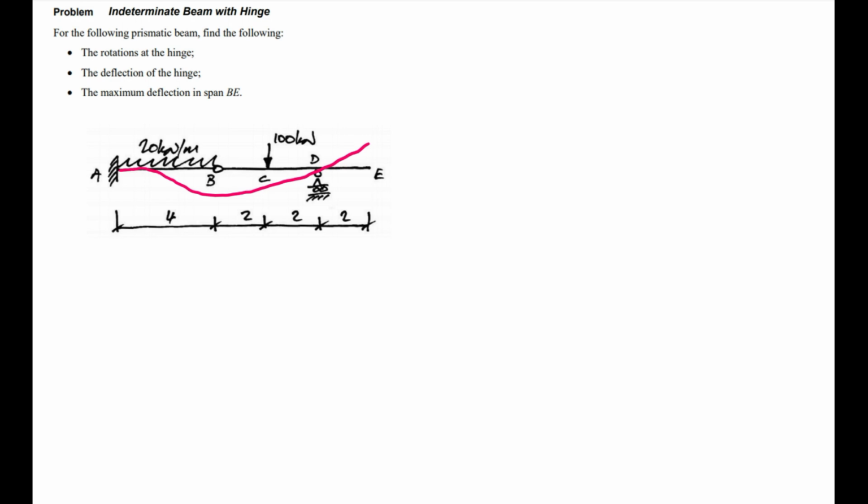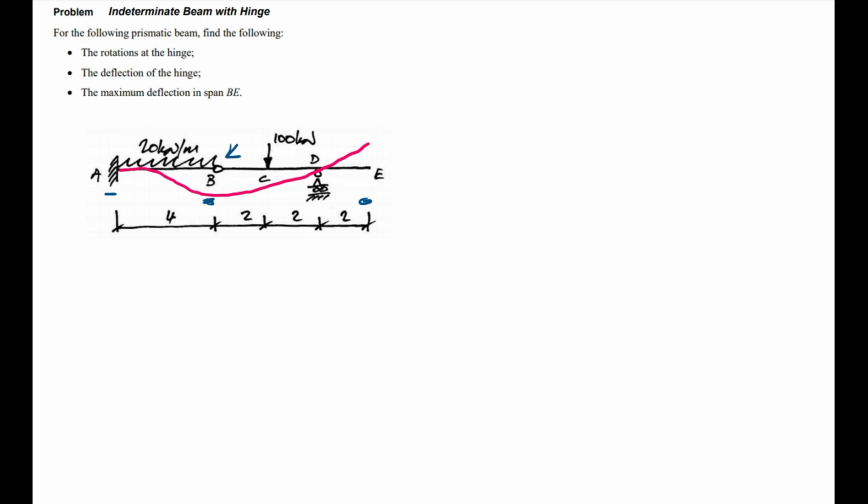Then we can calculate the reactions at the supports. Based on the problem given, there is a hinge at point B. That means the beam has two members, AB and BE. The moment equation does not apply to the full beam since there is a discontinuity at the hinge.